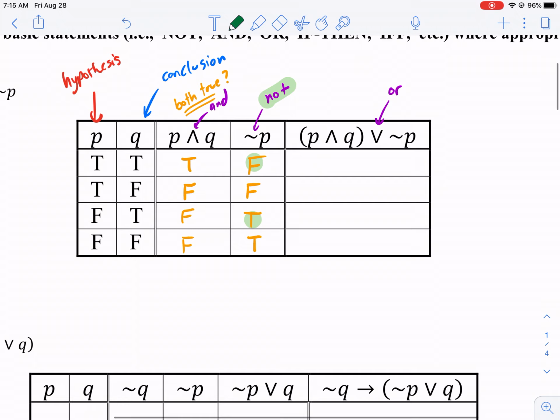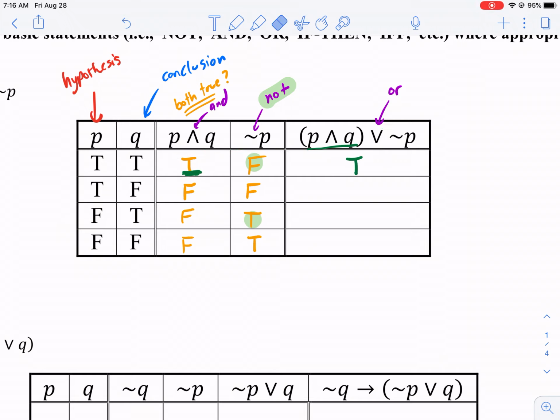So let's go ahead and look at that for each row. So first, is P and Q true? Well, in this case, it is. And even though the not P is false, it doesn't matter because one of them was true, so this becomes true. With disjunction, or, only one of them needs to be true.